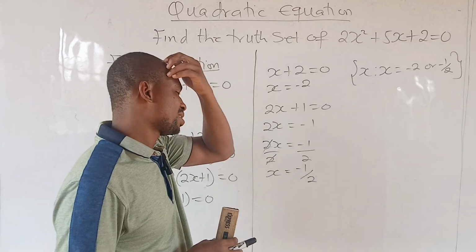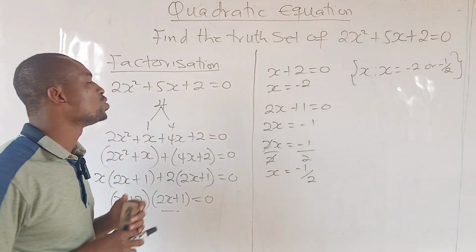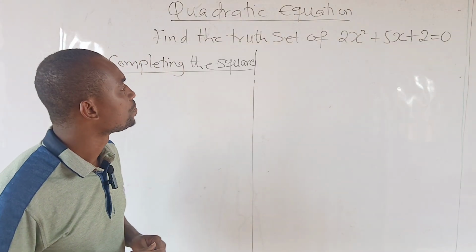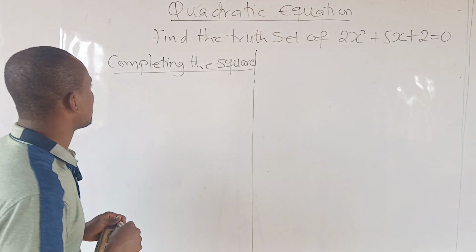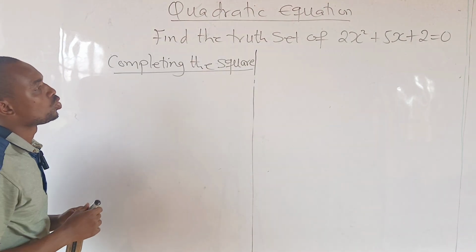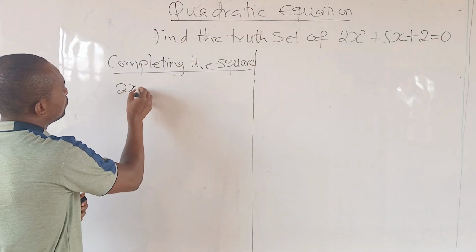So this is our quadratic equation solution using factorization. We shall now consider the next method, that is completing the square. So we are going to rewrite our question again.